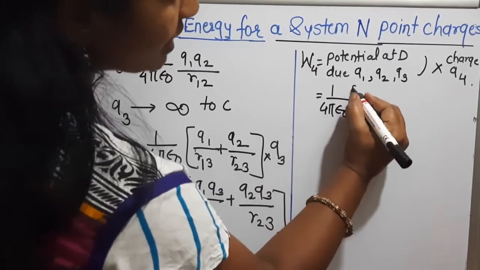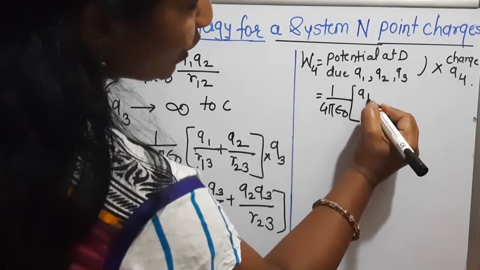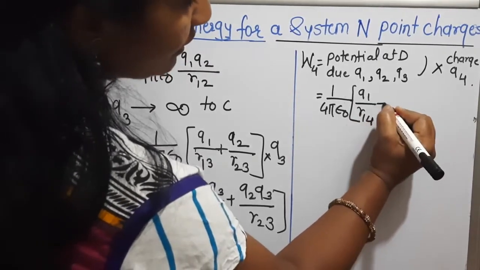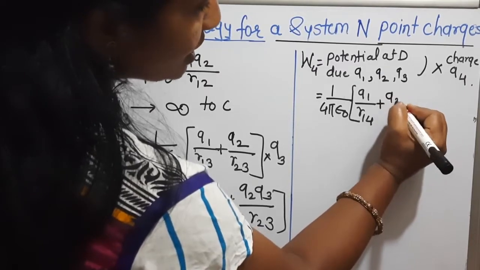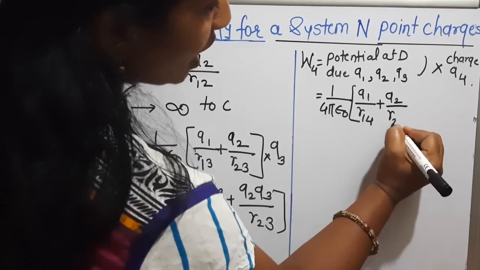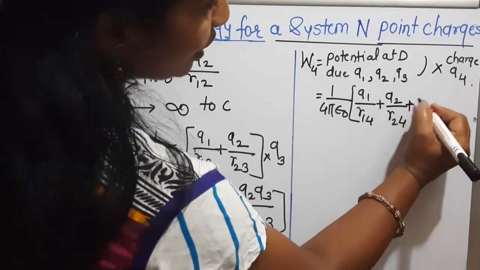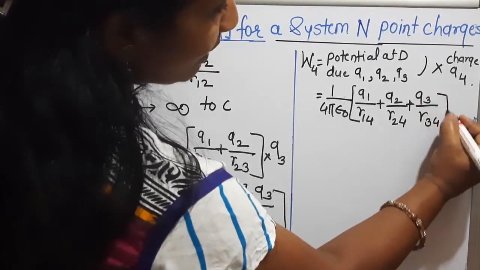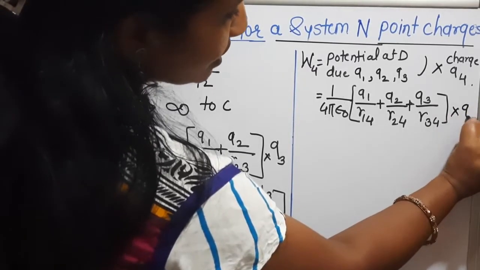This is the constant term. Then here is Q1, with distance R14, then next Q2, with distance R24, and Q3 charge, with distance R34, multiplied by the charge Q4.